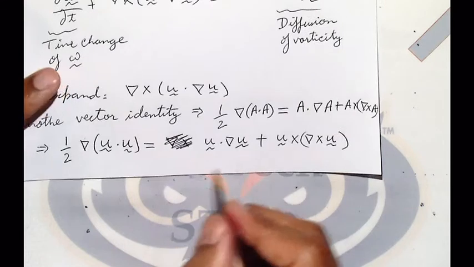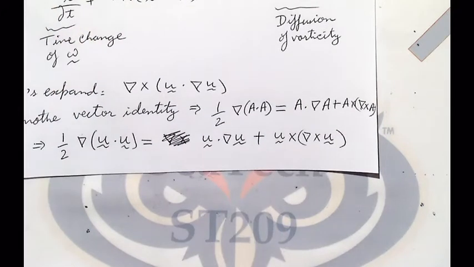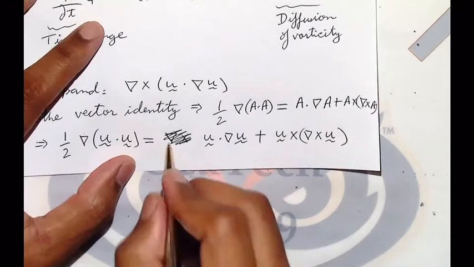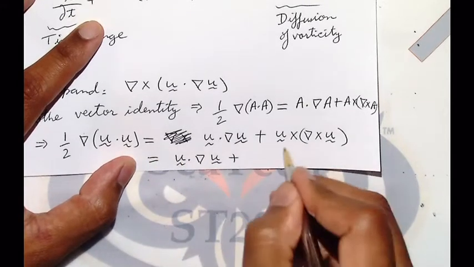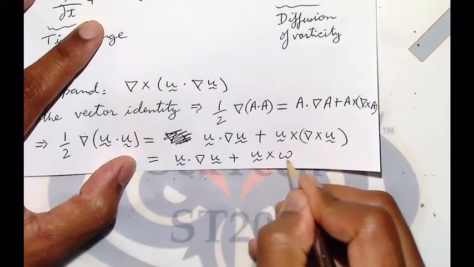Okay, this looks good. So this becomes u dot nabla u plus u cross omega.